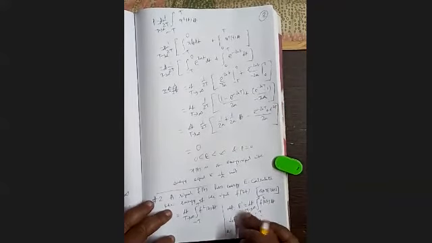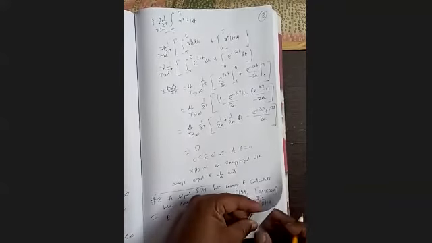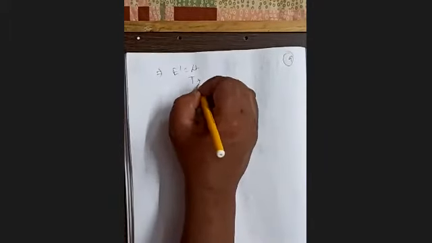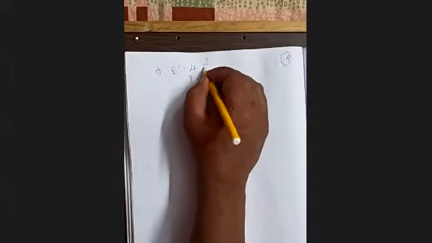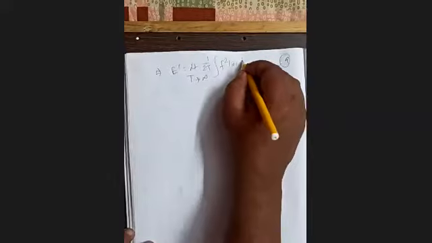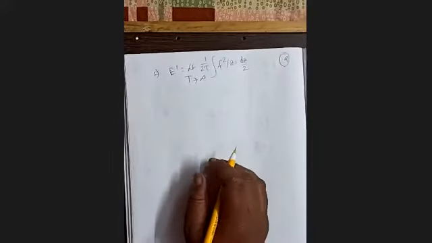That will be our E dash. Therefore, our E dash equal to limit T tends to infinity 1 by 2, integration f square z dz. dt means dz by 2.